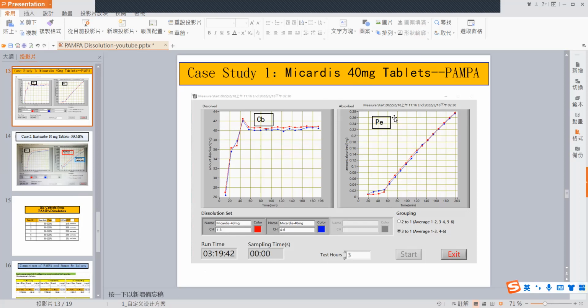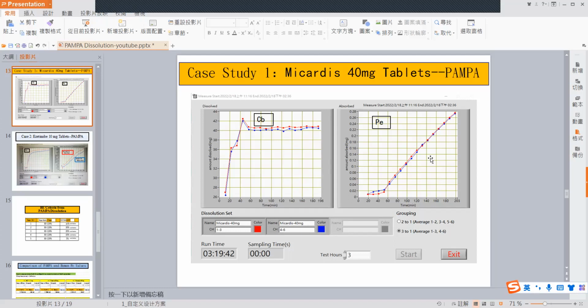So as you can see, channels 1, 2, 3 are Micardis. Yet in this case, we put identical 4, 5, 6, the same lot of Micardis and the same strength. As you can see, their dissolution curves are almost identical and their permeation is almost identical. That just proves that the machine design was correct.